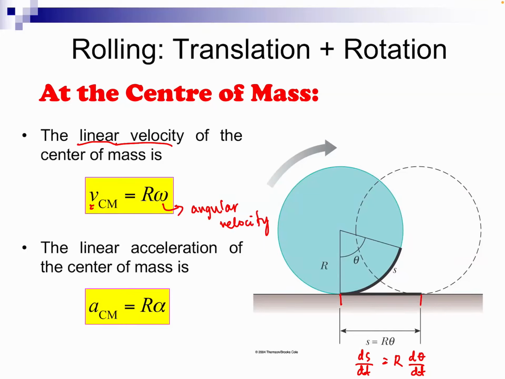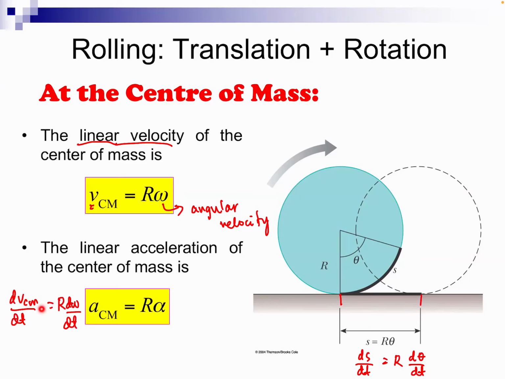If I also take the derivative of this velocity with respect to time, so if I get d vcm over dt, the radius is again constant, so I'm just getting the derivative of angular velocity with respect to time. That's essentially looking at the change of velocity over time.